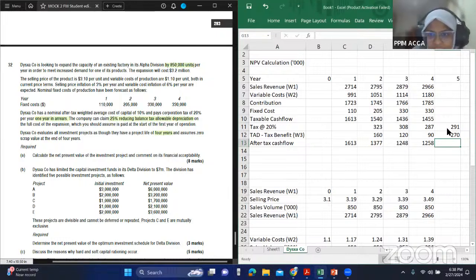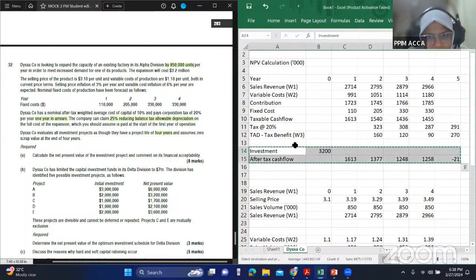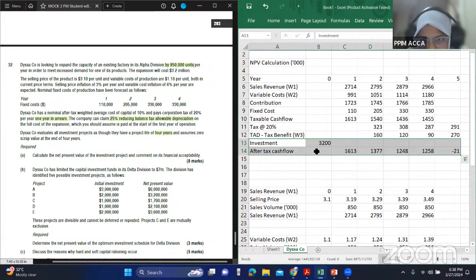The investment is 3,200. I'll just put the investment a little higher so we can have them all on the same line.